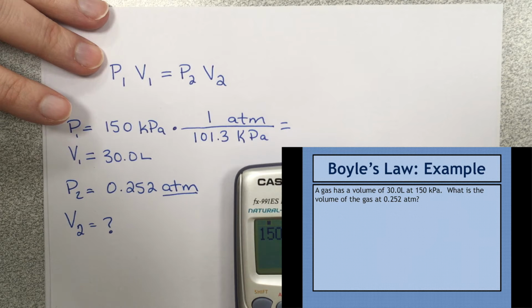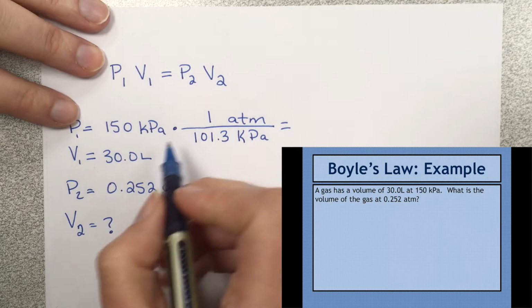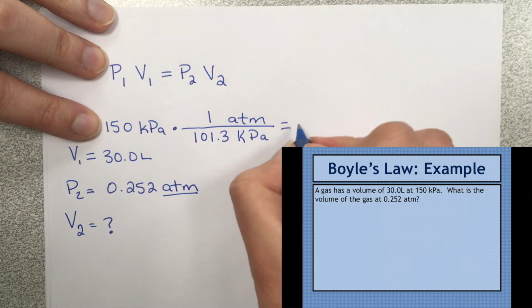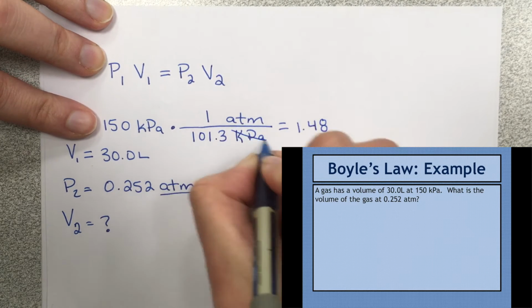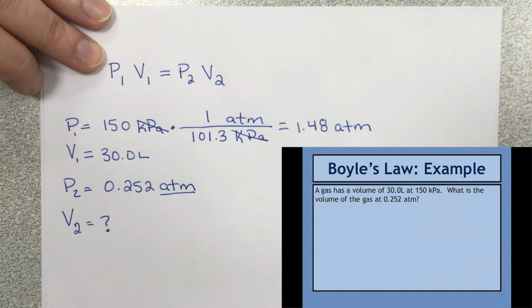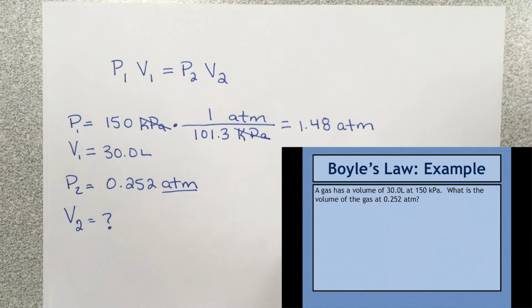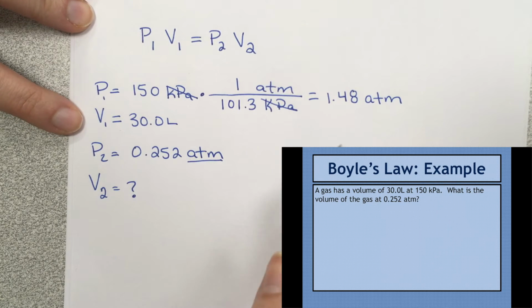101.3. And you have 1.4807, which we just need 3 significant figures, so 1.48. These units cancel, atmospheres. So we've converted, and now we have our units, and we just need to plug them in.